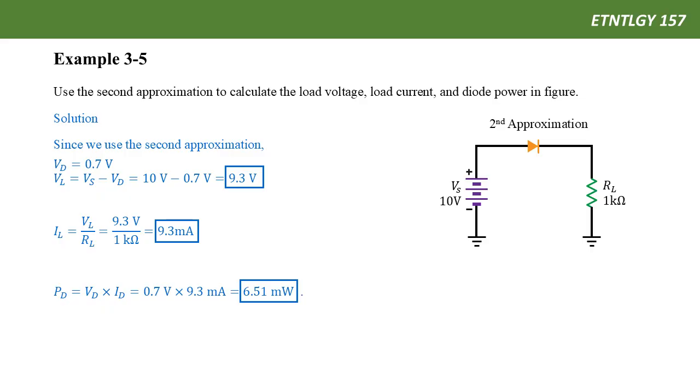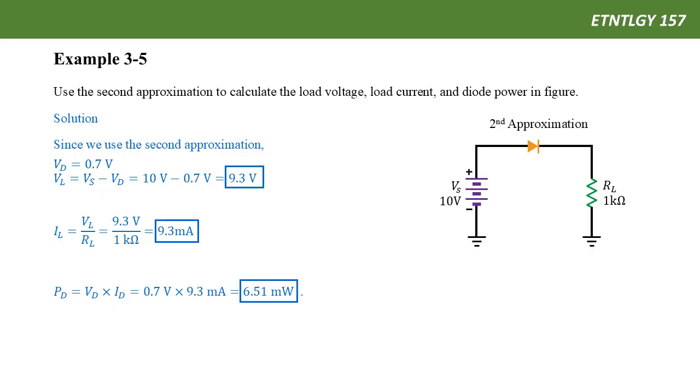Now we know the current that goes through the load resistor RL is 9.3 milliamps. Because the diode and the resistor are in series, the diode also has the same current. In other words, 9.3 milliamps goes through the diode. The ID, the diode current, is also 9.3 milliamps.